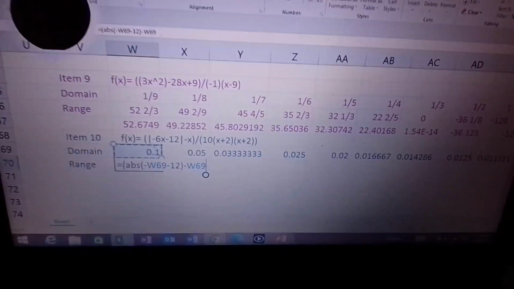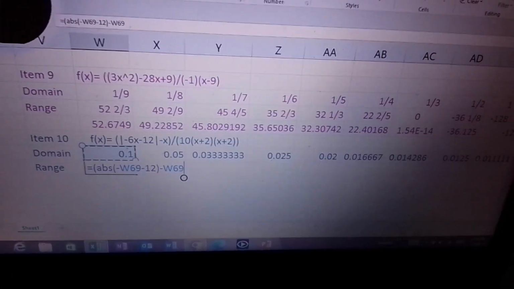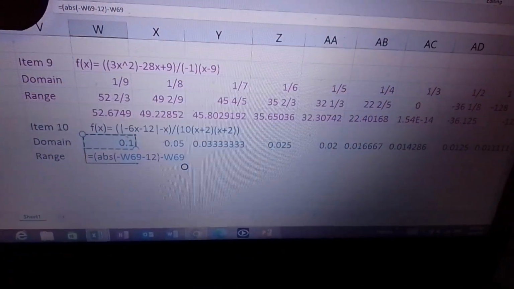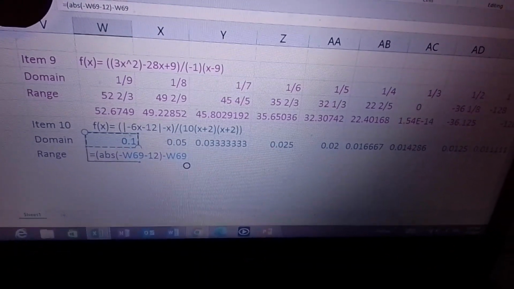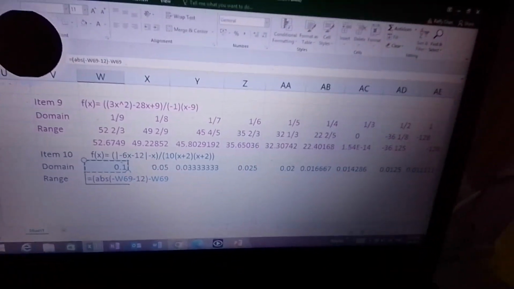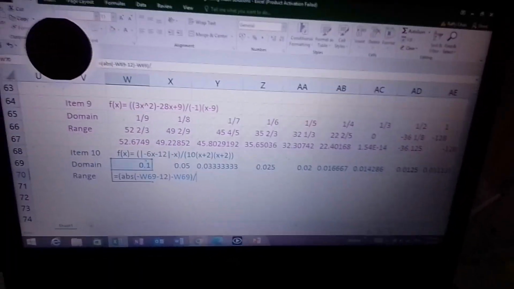Can you follow? Do you remember absolute value? The absolute value comes first, and then the absolute value of this guy, and then minus x. Then close the parentheses. Divided by, what is the value that I put there?